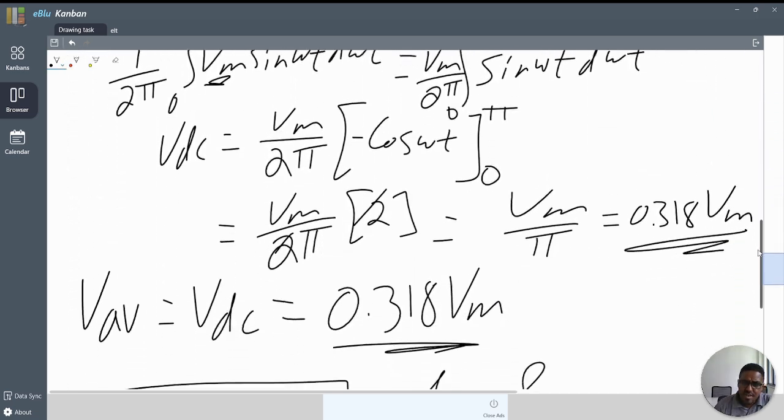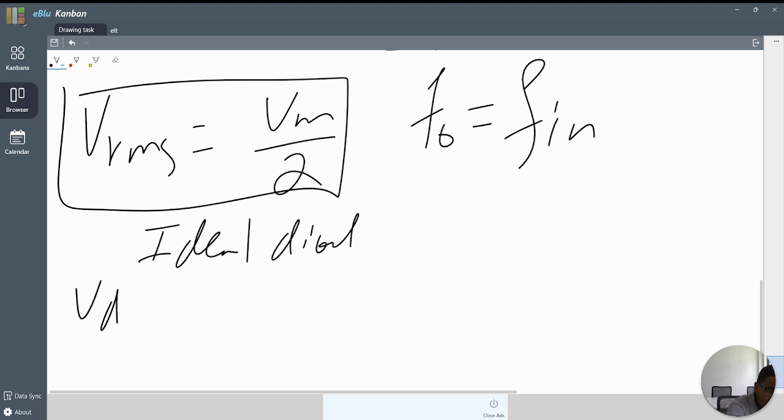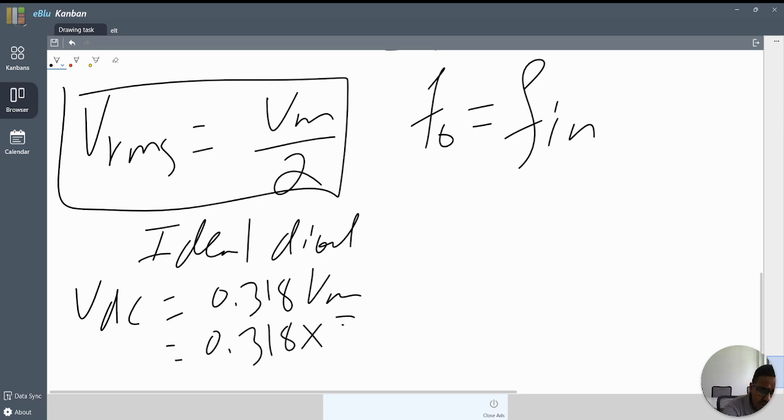So let's continue our example. What about VDC? Let's see ideally and practically. Ideally, with an ideal diode, VDC becomes 0.318 of Vm, that means 0.318 times V maximum 34.